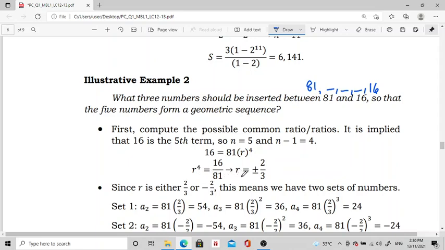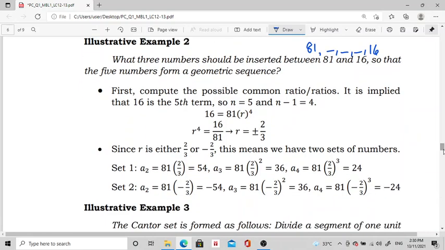At pag in-extract natin yung 4th root, we get positive or negative 2/3. Now, since our ratio can be positive 2/3 or negative 2/3, it means meron tayong 2 possible answers. We have 2 possible sets of numbers. And the first set is 54, then 36, then 24. While for the second set, negative 54, positive 36, negative 24. So both sets are accepted.